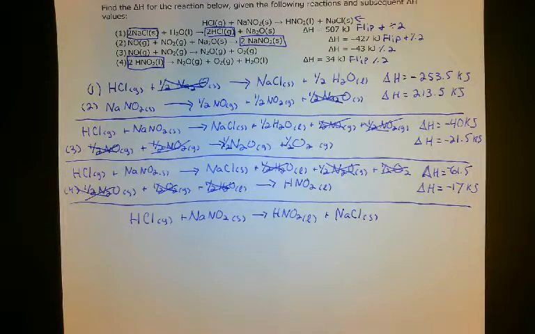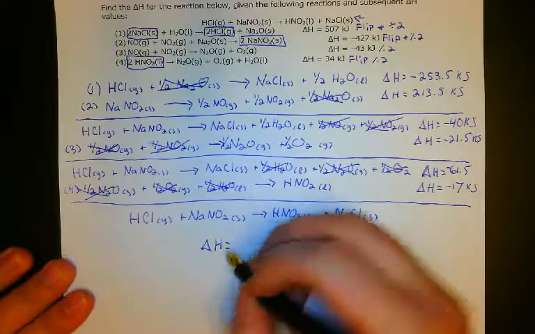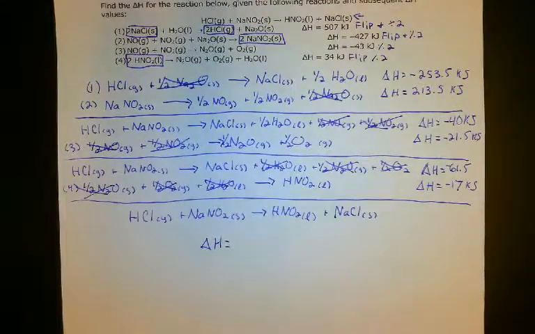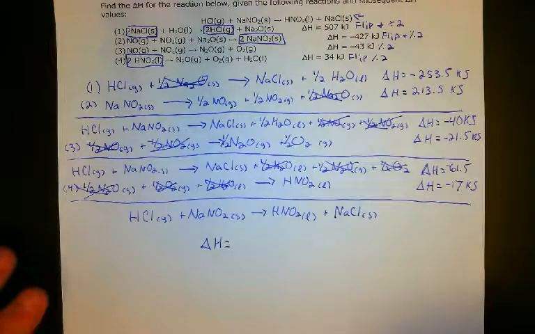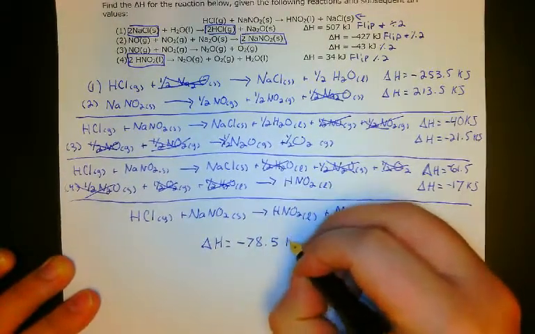And we know all the enthalpy changes that went with it, so our final enthalpy change will equal the negative 61.5 plus a negative 17. So our final answer should be negative 78.5 kilojoules.